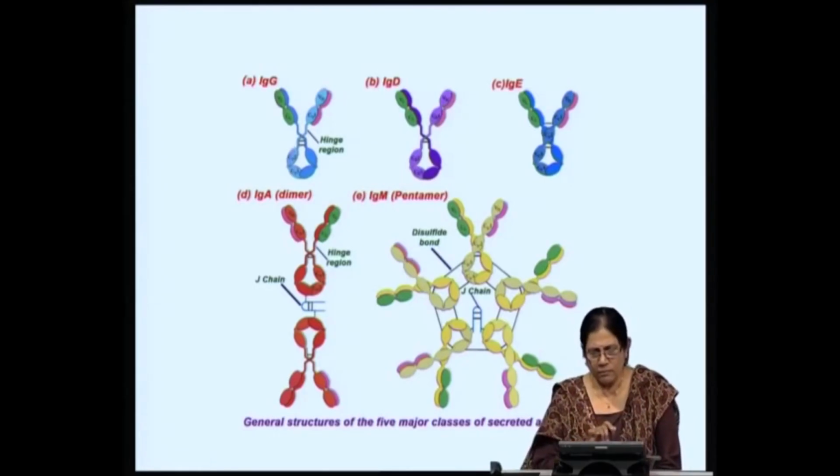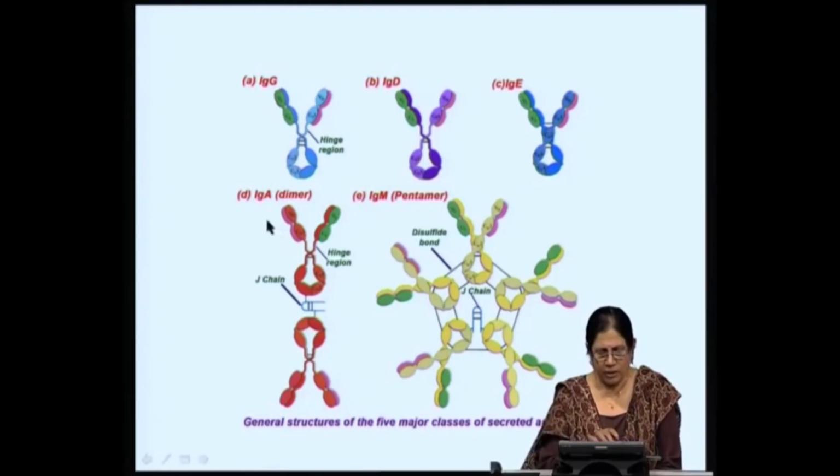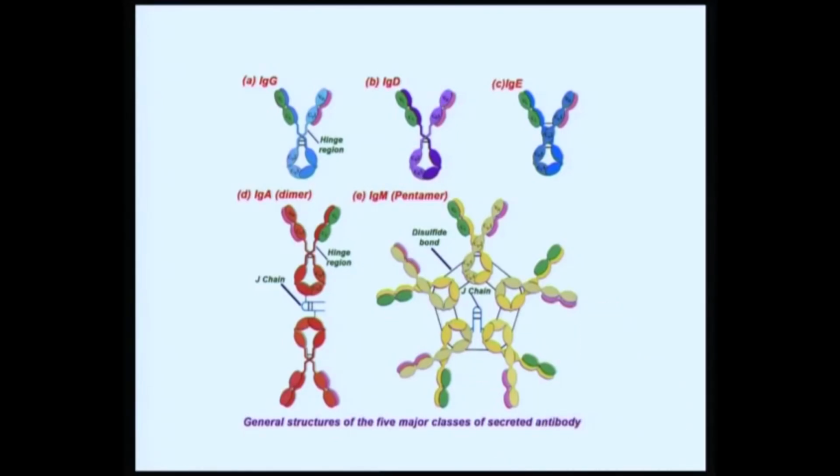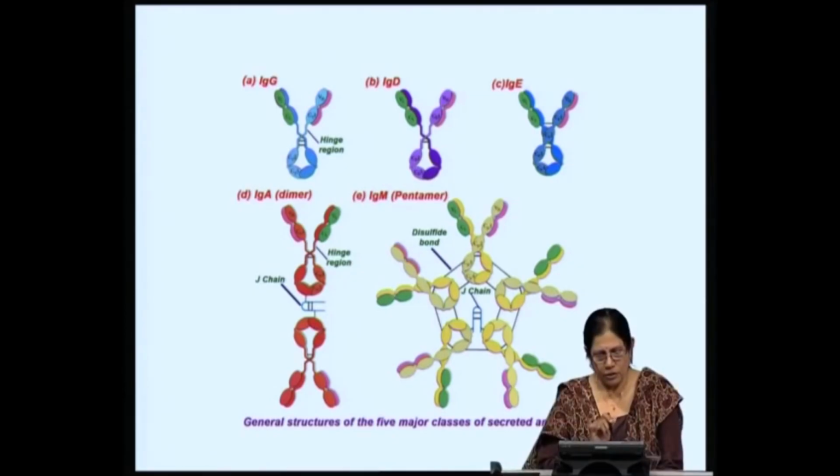Is there any similarity between IgA and IgM? Yes, both of them can oligomerize, and you can see 2 molecules of IgA forming a dimer. Now, IgA can also form a trimer.